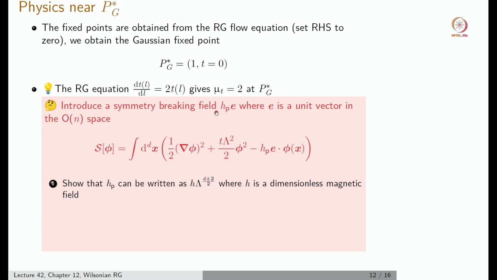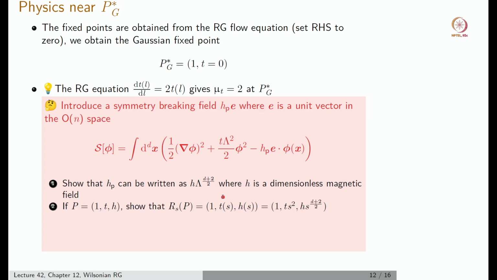Suppose you introduce a symmetry breaking field, and the symmetry breaking field has some physical dimensions, so I am going to write it as h_p times e, where e is some unit vector in the O(N) space, so h_p e dot phi(x). Your first exercise should be to show that this h_p can be written as h times lambda to the power (d plus 2)/2, and therefore you will have to do some dimensional analysis to get to that.